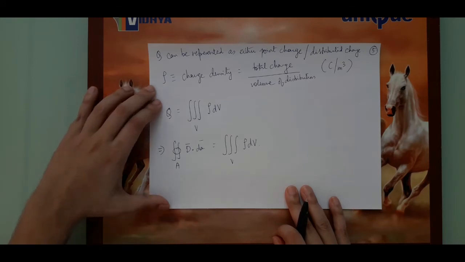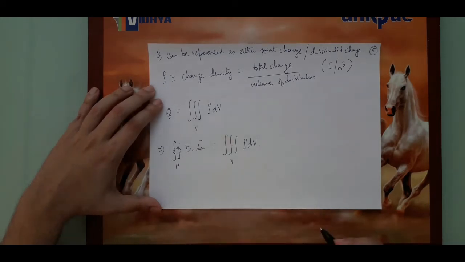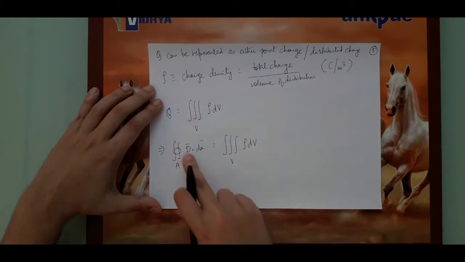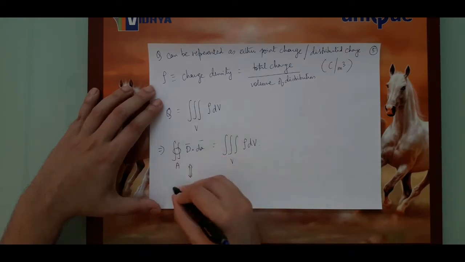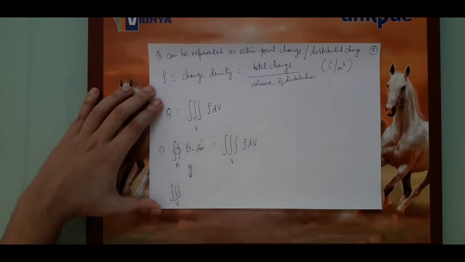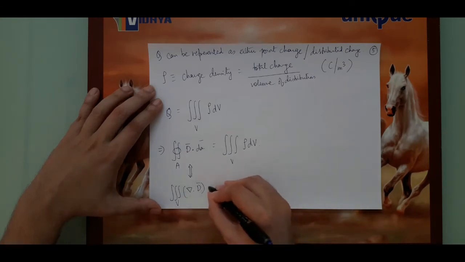So now using the divergence theorem, I can say that this first integral is nothing but the volume integral of the divergence of the displacement density vector over volume.